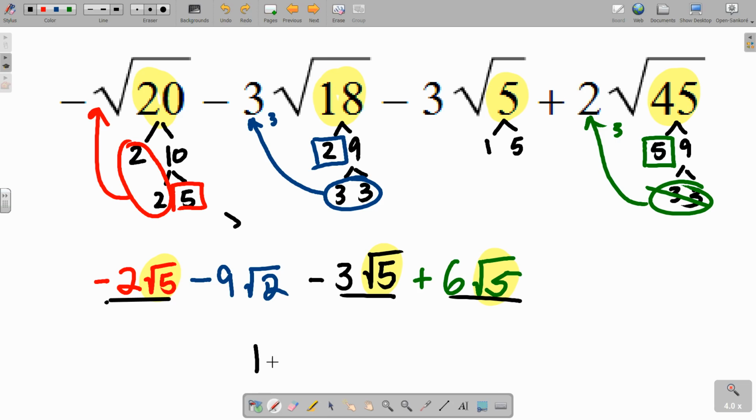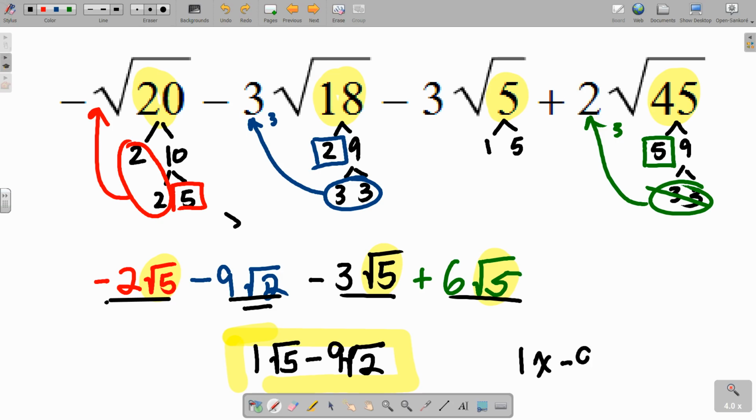All of those collect to 1 root 5 minus 9 root 2. And that is as far as you can go. You cannot do anything else with that. Just like if I had 1x minus 9y, that's as far as you could go.